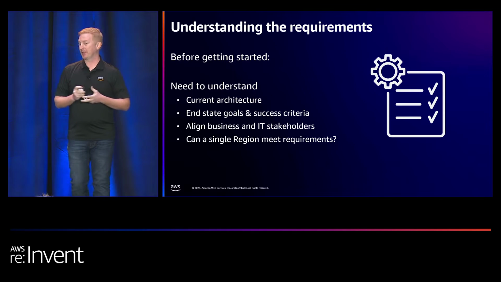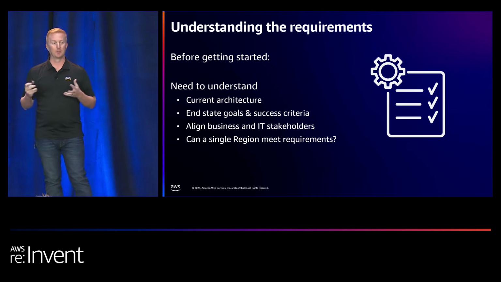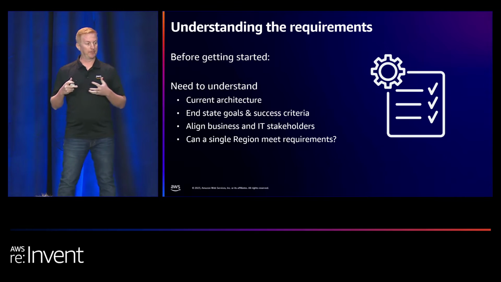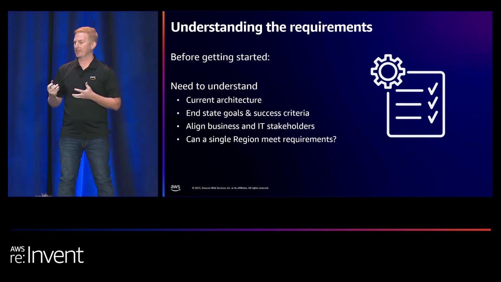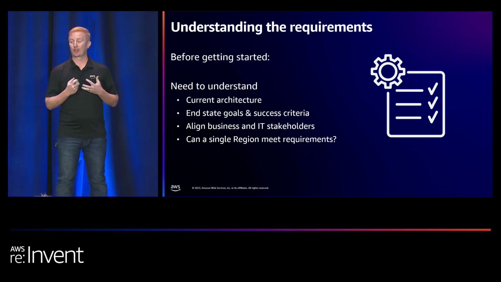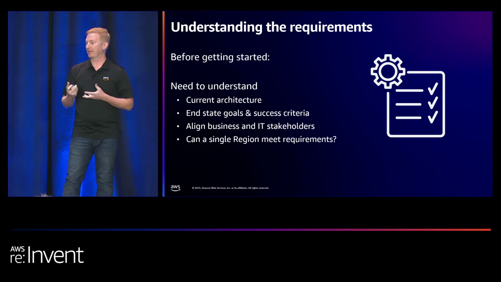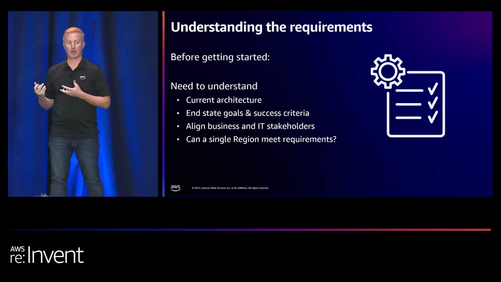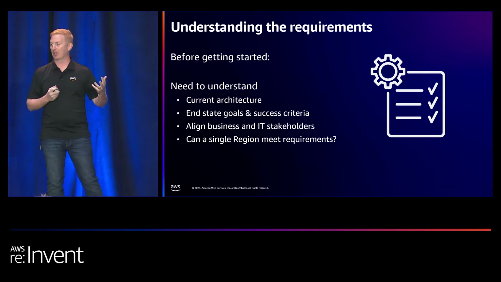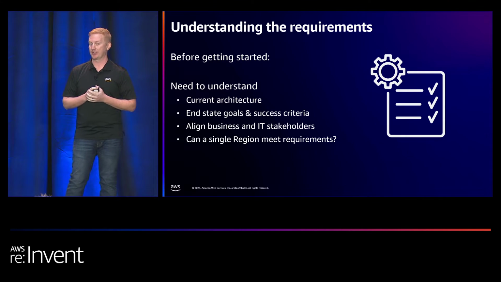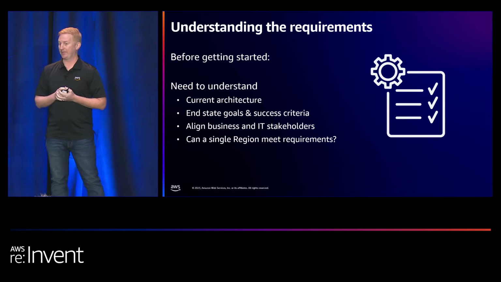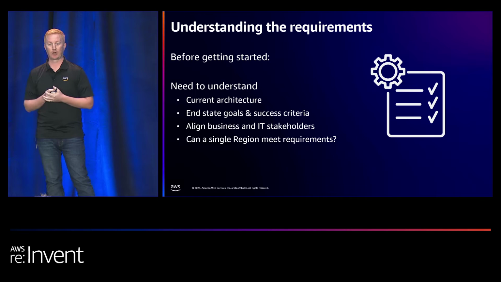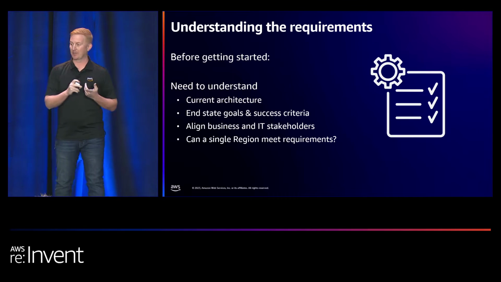Now, many of you do have strong reasons to go to a multi-region architecture. As you get started on this journey, the first thing I encourage you to do is take a step back and really understand the current architecture. What is the current architecture made up of? What are the requirements of it? And what are the new requirements that the architecture and the workload need to accommodate? For example, if you need to improve performance for a growing global audience, how is performance measured?